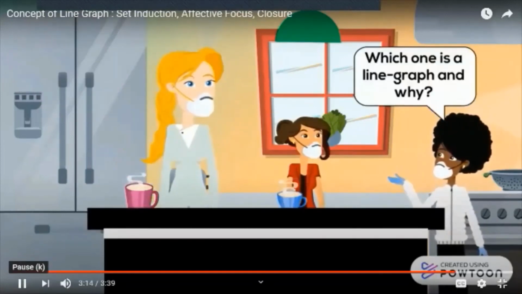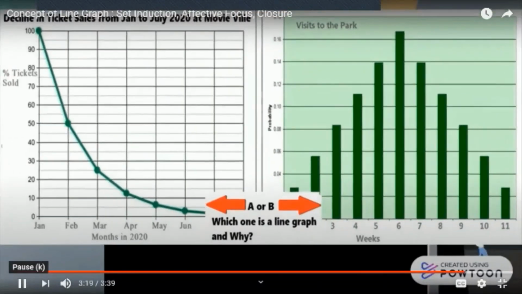And which one is a line graph and why? All right, so let's look at these two statistical charts. Which one is a line graph and why? I labeled them A and B, so you could decide which one. Just tell me the letter.